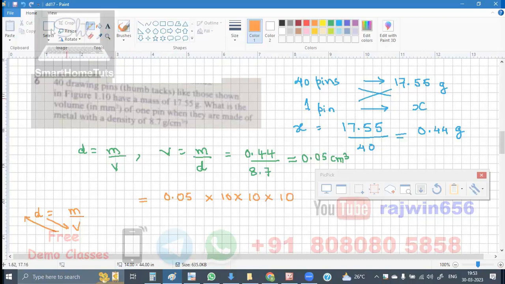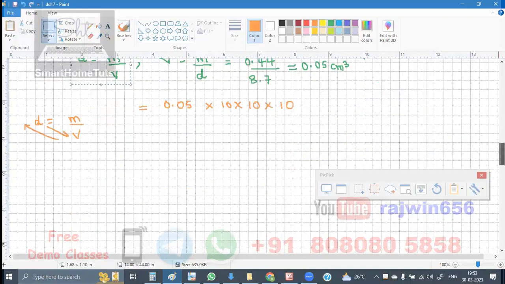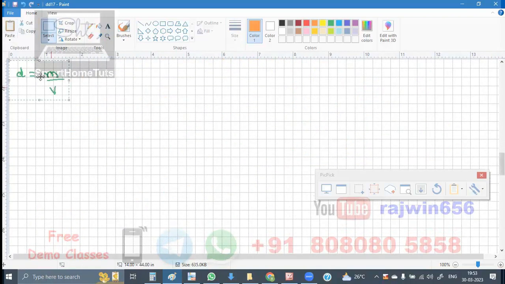What I have done over here is basically, you should know the basic mathematics. Changing the subject of the formula. Density is mass upon volume. So density, this part which is there, I have brought down here in the denominator. And this volume which is there, I brought this up in the numerator. So volume is equal to mass divided by density. This is what I have done.